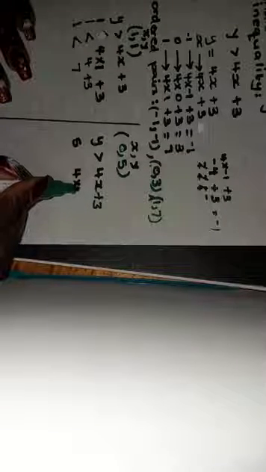So let me show you. I've chosen 0, 5. So this is x, this is y. Then I bring back y greater than 4x plus 3. Where there is y, I plug in a 5. Where there is x, I plug in a 0.